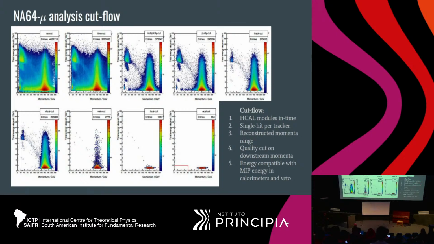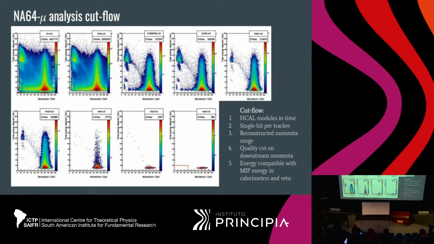There is a range for the momentum of the impinging particles. Then there is a quality cut on the downstream momentum, and then you want the energy in the ECAL and in the HCAL to be compatible with a MIP, that is to say a muon.